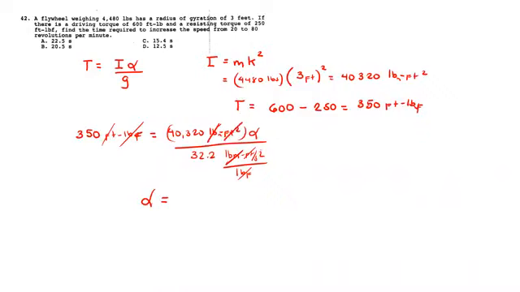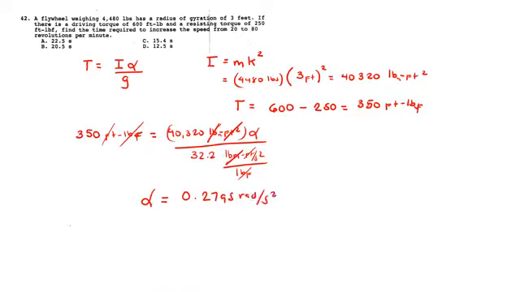Then matitira dito is per second squared, so radians per second squared na matitira dito, guys. The answer, yung alpha natin is 0.2795 radians per second squared.